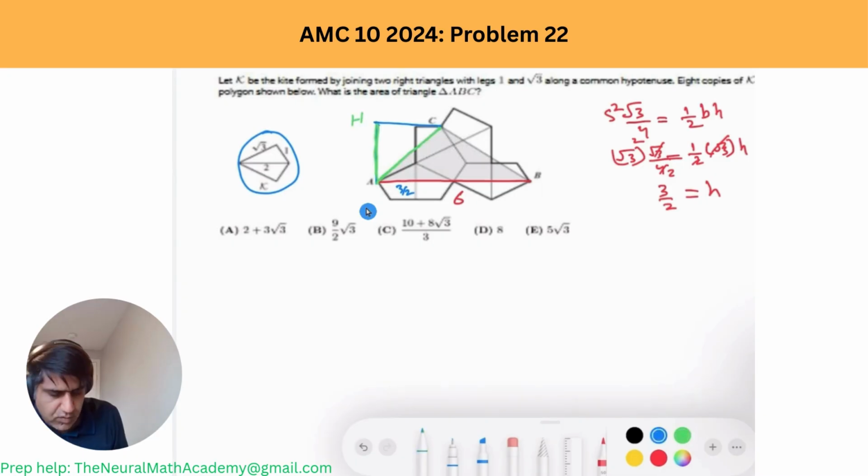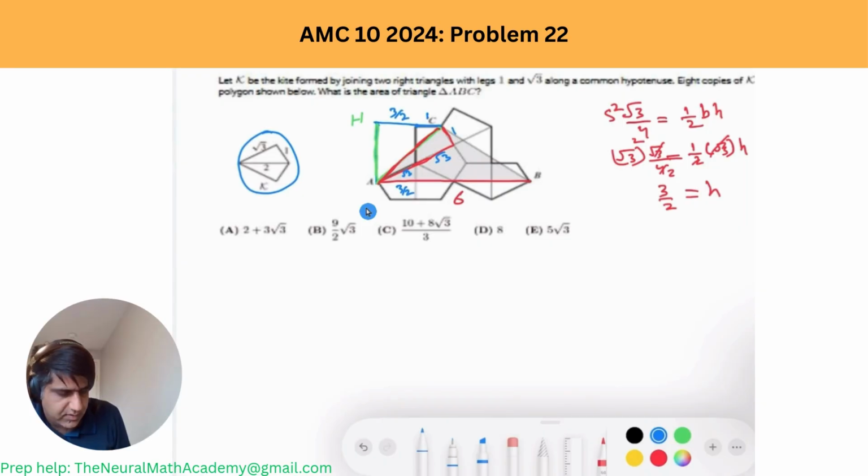What we know already is that from here to here it is 1. This we already calculated, this is 3 over 2. And now we need to know the length of this diagonal, right? We can get that from this triangle, the one that I just turned into red. This is square root of 3, this is square root of 3, this is 1.